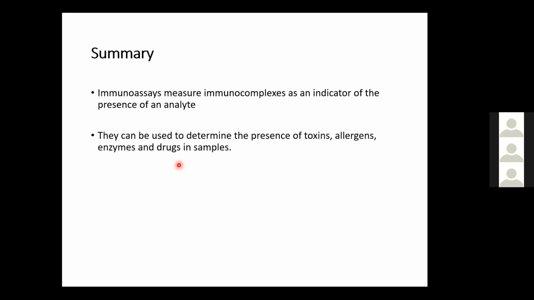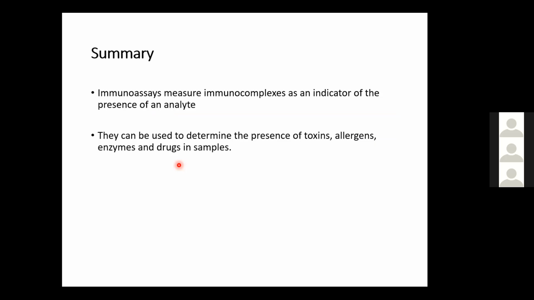I think just in summary, although I didn't want to go into the protocols that we used, this was just a brief overview of the concepts, and I wanted to summarize by repeating that with immunoassays, we talk about immunocomplexes as an indicator of the presence of an analyte.